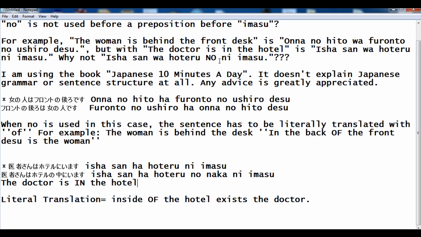It does mean in or at, but that's just a rule you have to remember. When you have no in this type of sentence, you have to have another preposition. So it's almost like you have two prepositions in this sentence, naka and then ni. I hope that makes sense.